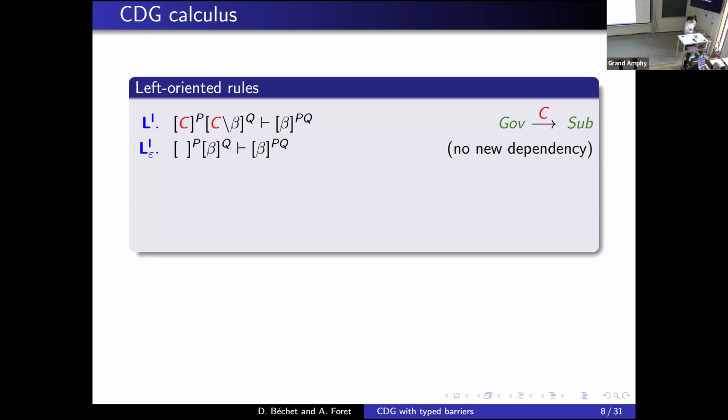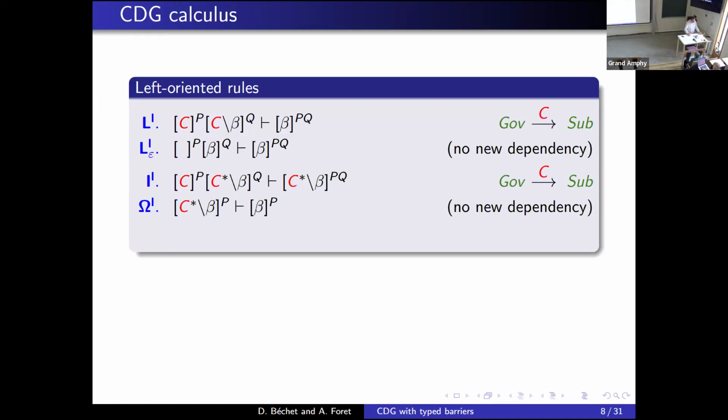We also have something quite strange. If we have a type which has an empty head, the type just disappears, and of course there's no new dependency in this case. We also have something that can iterate an argument, corresponding to a C star here.